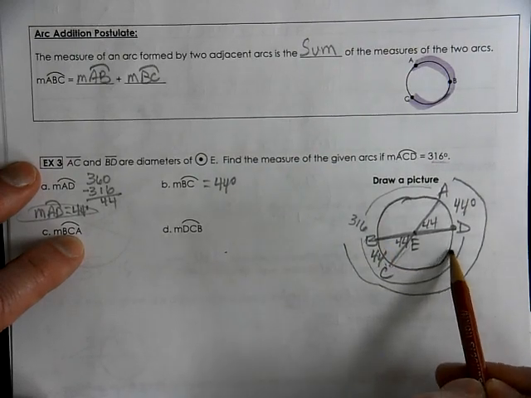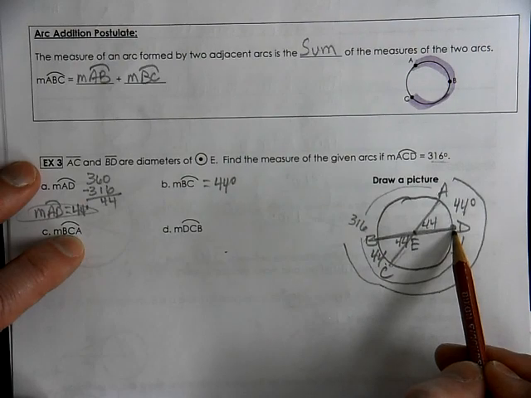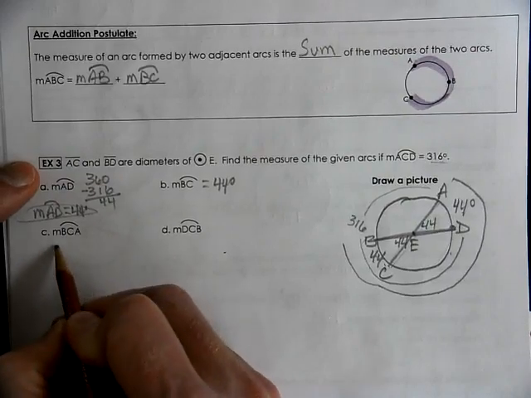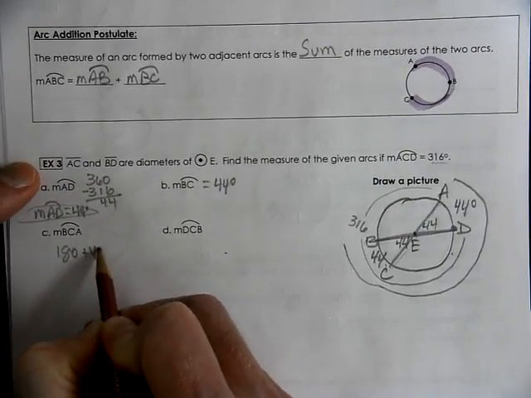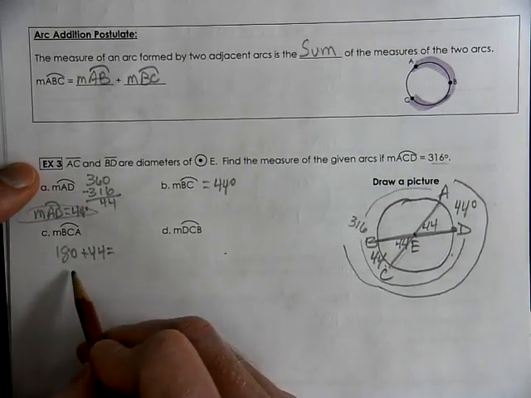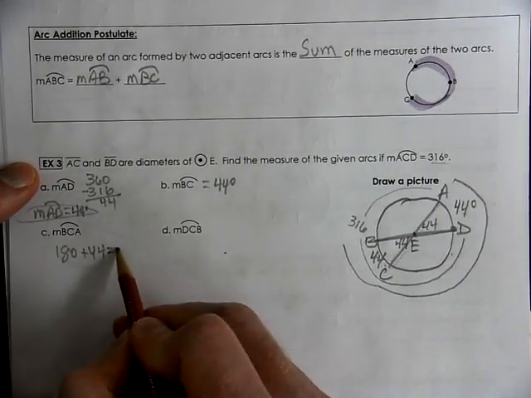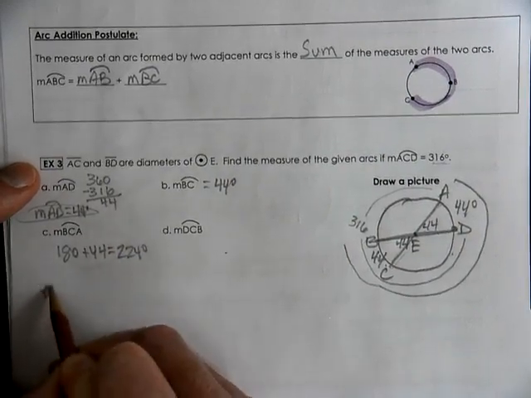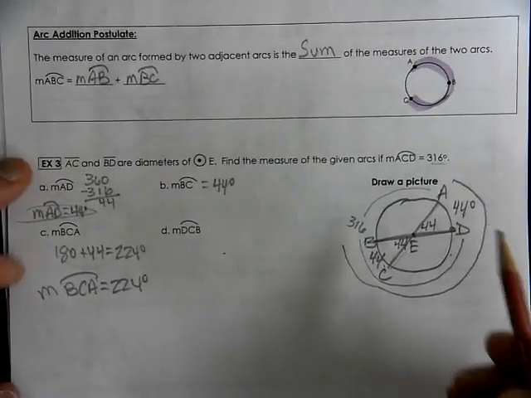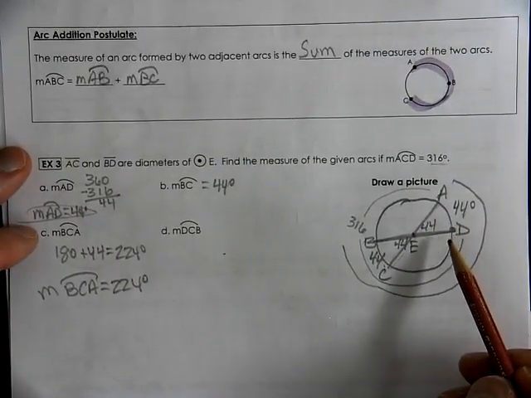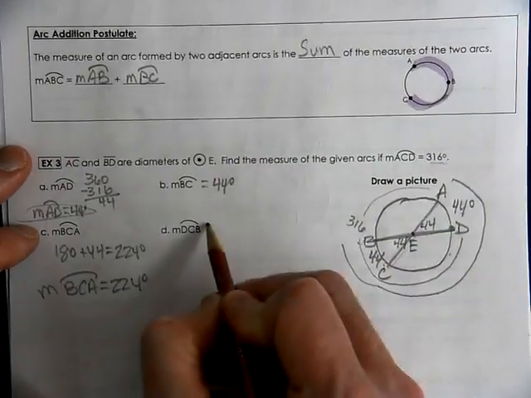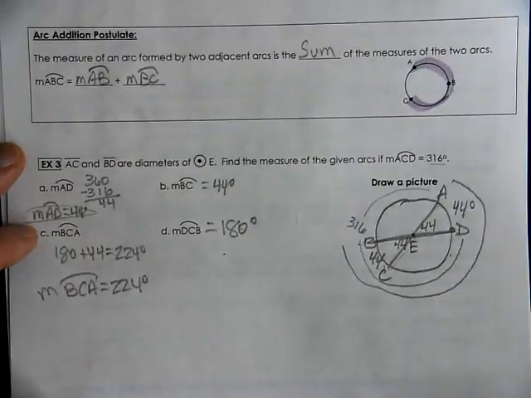You could look at the semicircle from B over to the D and then the additional 44. So this is 180 plus 44. So we get 224. And the last one is the measure of arc DCB, which is half the circle. So that's 180 degrees.